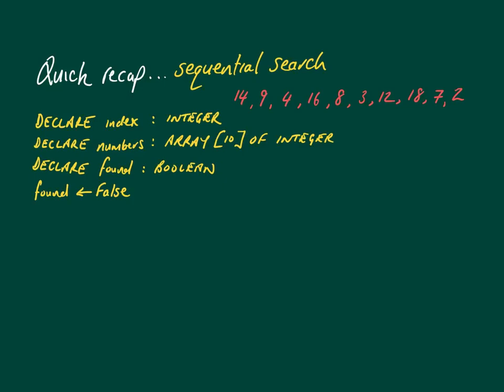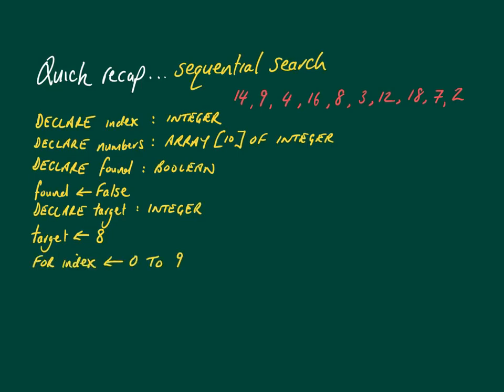So we need to know the target. And if I set the value of target to 8, so this is a number which is definitely in our numbers array, and we just want to find out if it exists in our numbers array using a computer program.